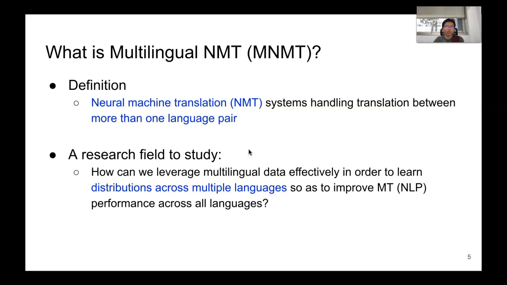What the researchers in this field try to address is the problem of how can we leverage multilingual data efficiently in order to learn distributions across multiple languages so as to improve not just NMT, but also natural language processing performance in general across all languages.